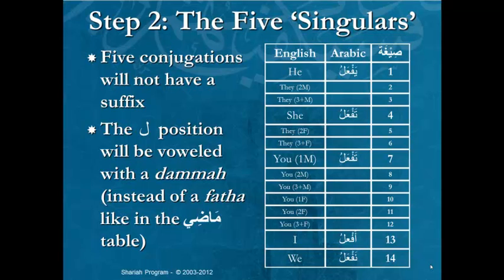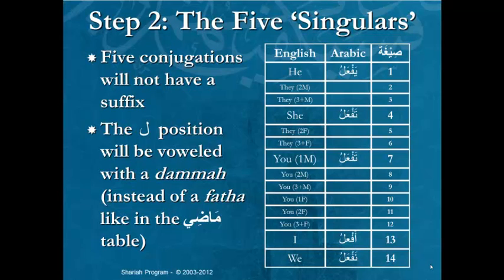When you use the verb as part of a sentence in a paragraph, it's pretty easy to figure out what's what. Like if you say, oh Zayd taf'alu, then obviously that's conjugation number 7. But when you say Fatima taf'alu, then obviously that would be conjugation number 4. You see, so that's using the same one twice.